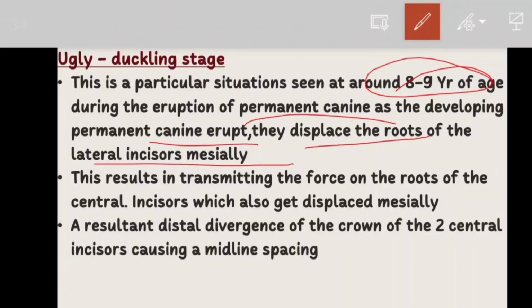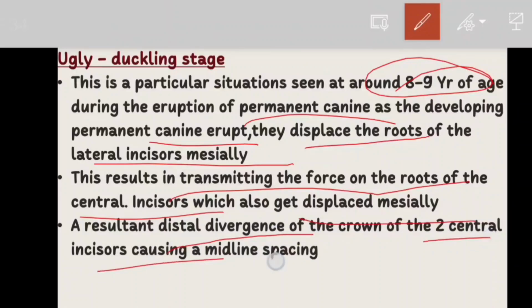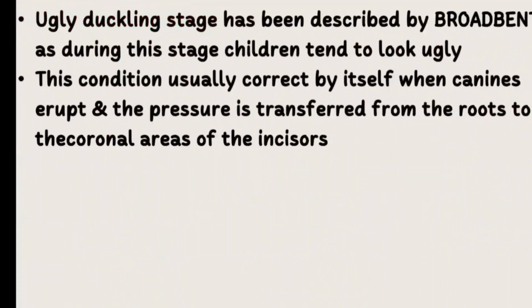So the root of the lateral incisor shifts, the central incisors separate, and midline spacing appears. This stage self-corrects later. This transmits force on the root of the central incisor, which also gets displaced mesially. It results in distal divergence of the crowns of the two central incisors, causing the midline spacing.